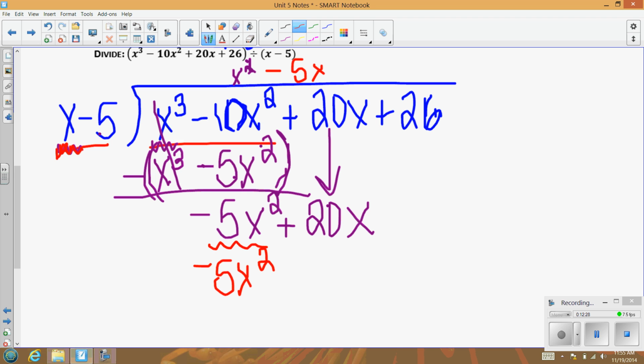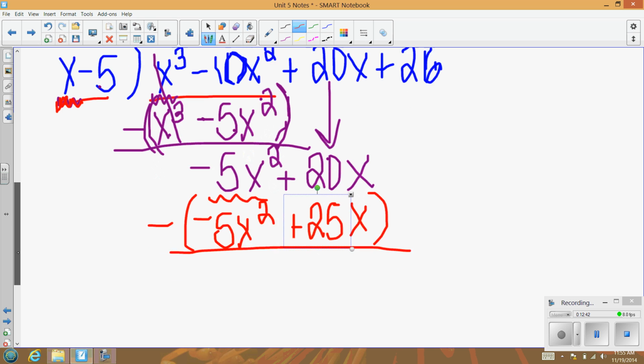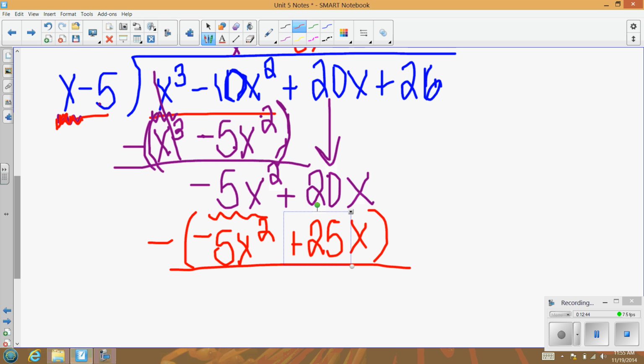And then I have negative 5x times negative 5 is going to be plus 25. And then again, you're subtracting these, but you're subtracting off the entire thing. So these cancel because it's negative 5 plus 5. Here it's going to be positive 20 minus 25, which is really going to be a negative 5x. And then I carry down my last term, so plus 26.